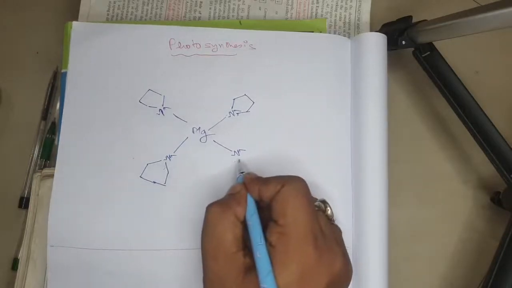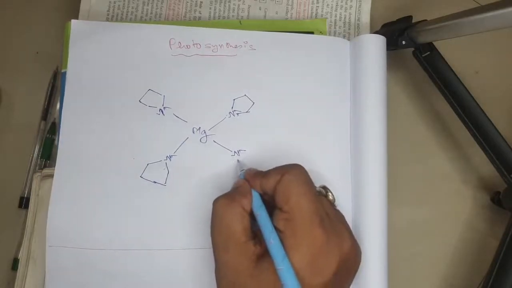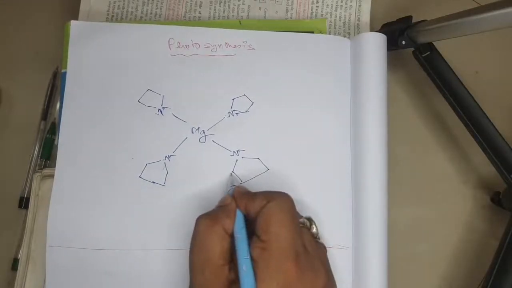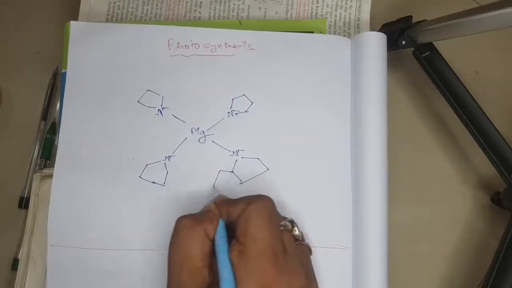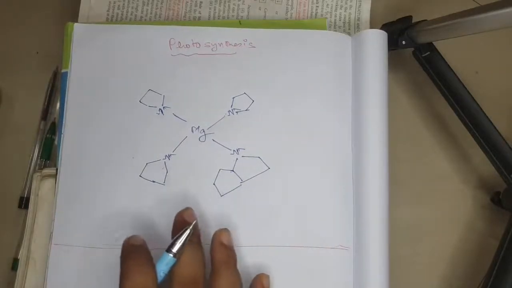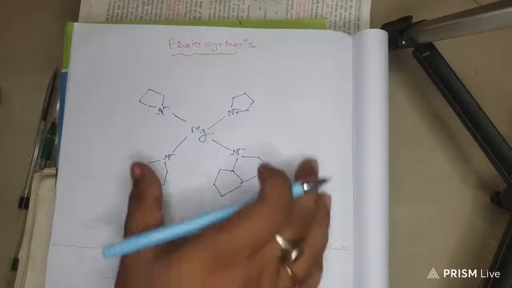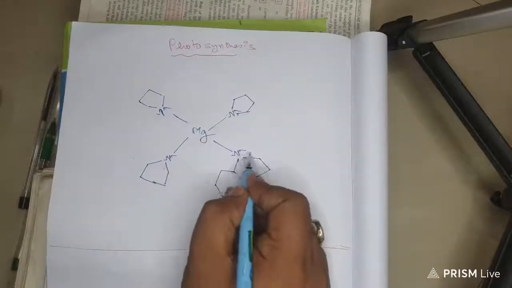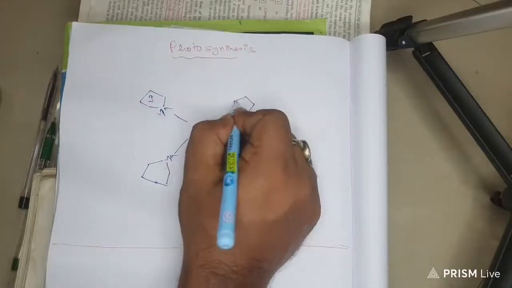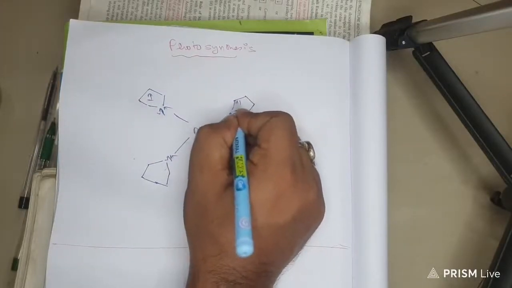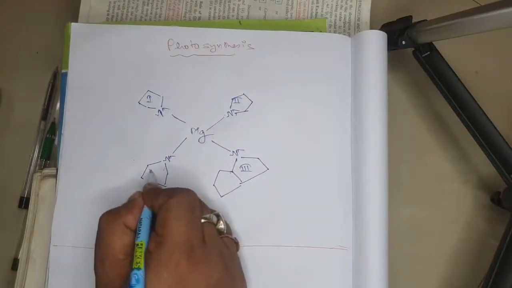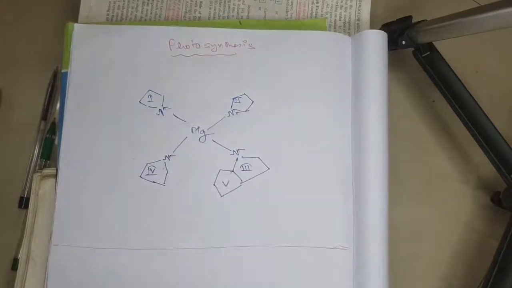So let this be the member of a 5 carbon ring from the 4 sides. This is ring number 1, this is ring number 2, this is ring number 3, this is ring number 4, and this is ring number 5.